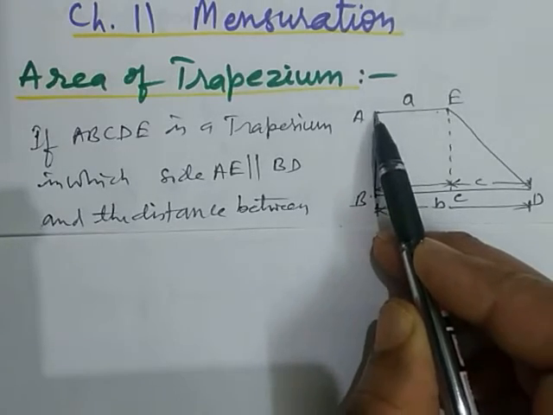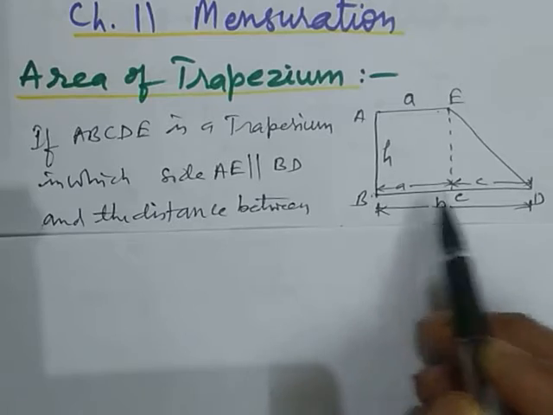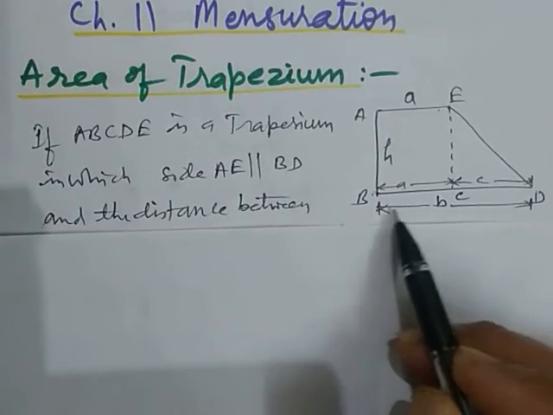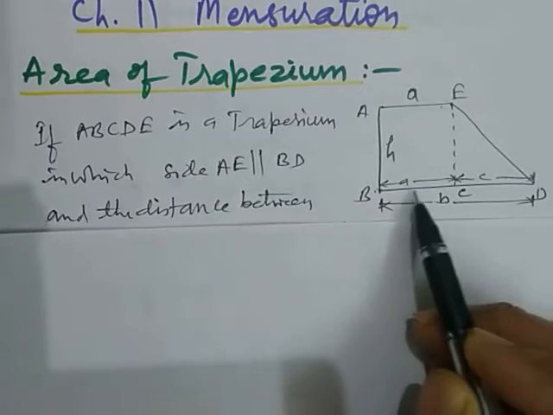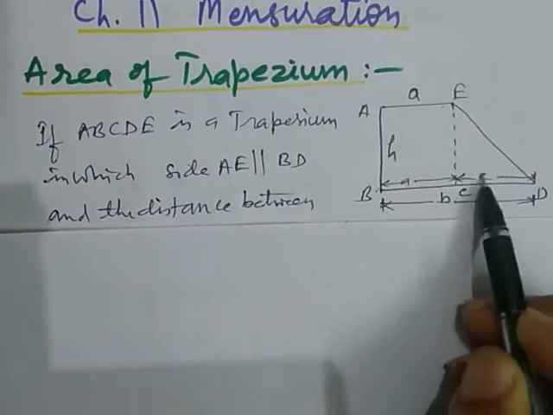Now this is a, and this BC is also a, and this is total b, so this part is c and b is equal to a plus c.